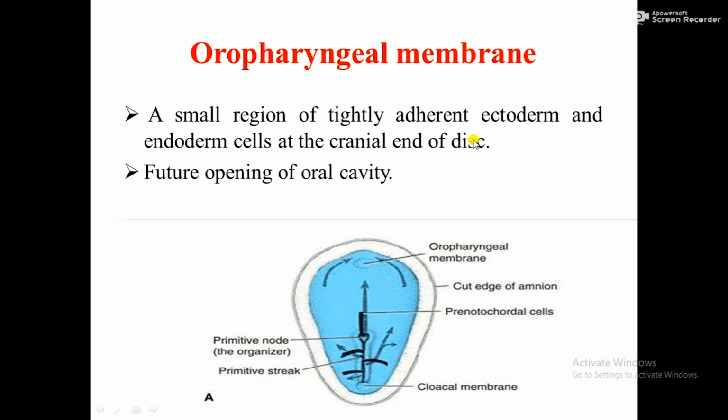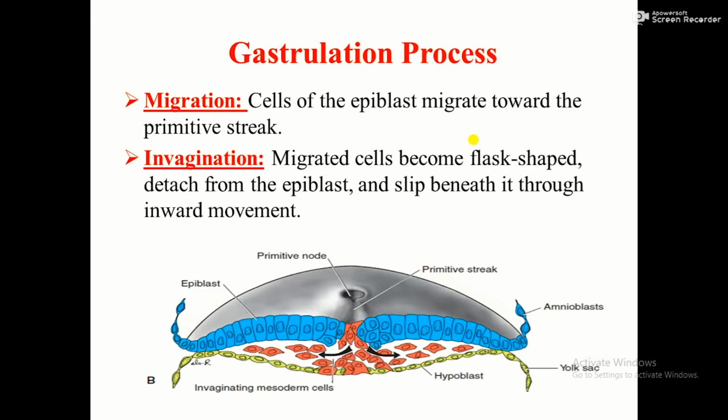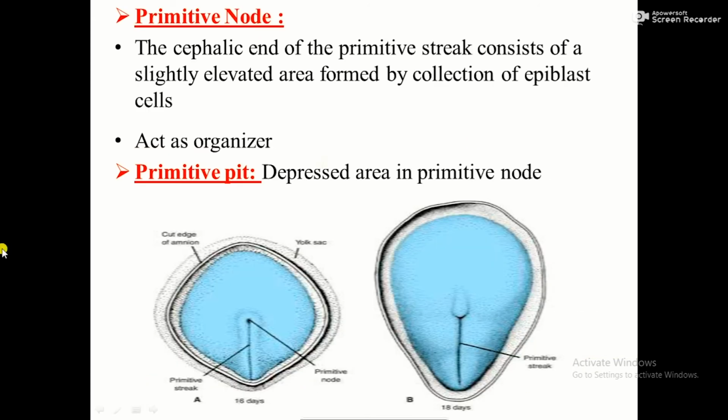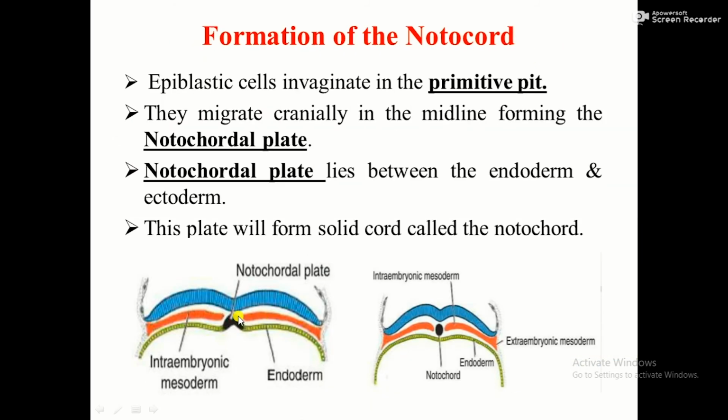It is a depressed area at the primitive node. Formation of the notochord is an invagination of the epiblast cells at the primitive pit. A question I may ask here: what is the origin of the primitive pit?